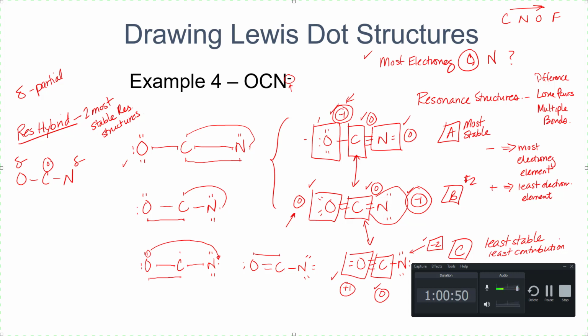Now I need to average bonds. So in averaging the bonds, the carbon-oxygen single, carbon-oxygen double. What's the average of a single and a double bond? Again, what I would have to say is that it's somewhere between a single and a double bond. What's the exact value? Don't care. In order to answer that, I would need to know the difference in energy between A and B. I'm just going to say this.